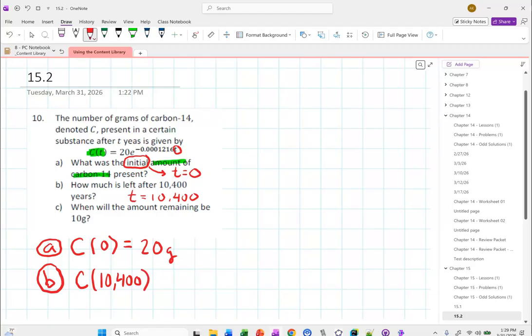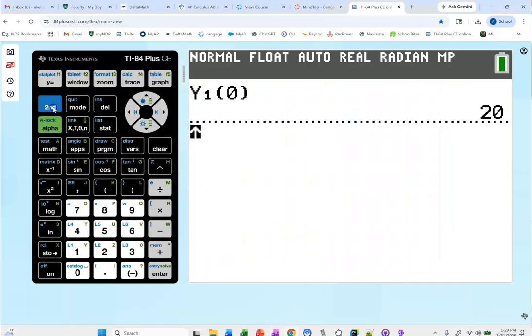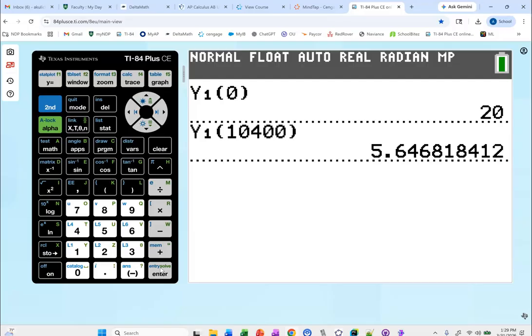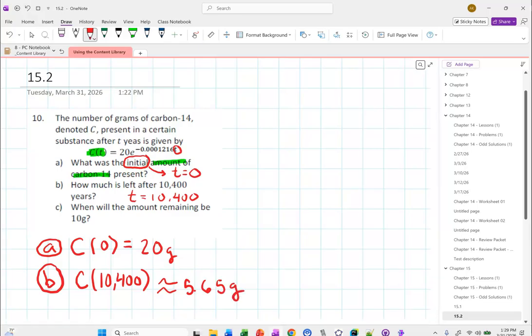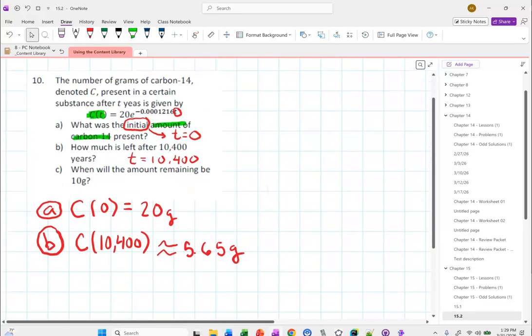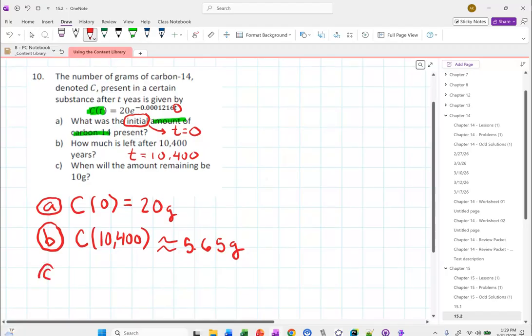Just going to plug in 10,400 for T. So I have 5.65 grams. Is everybody okay on that?